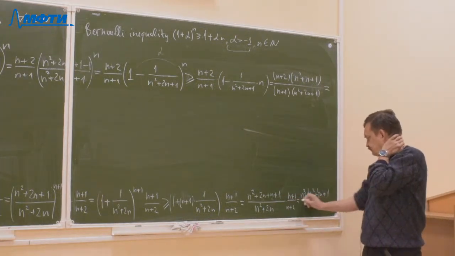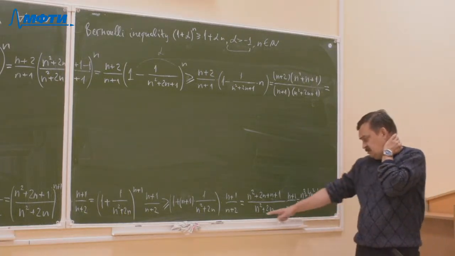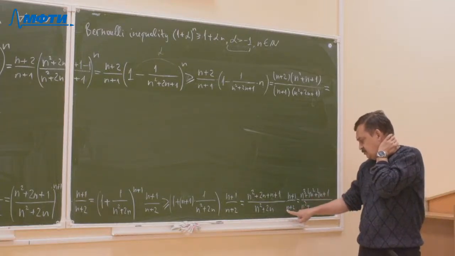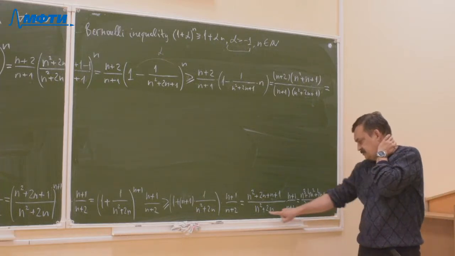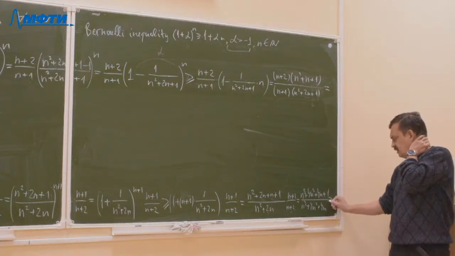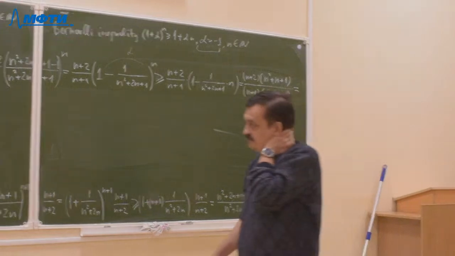And what do we have in the denominator? n cubed plus 2n squared plus 2n squared plus 4n squared plus 4n. And that is again greater than 1. So the claim is proved.